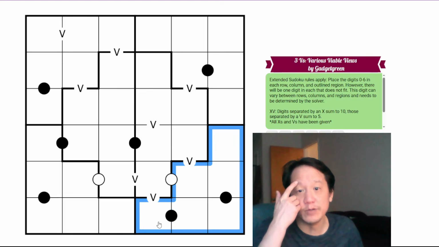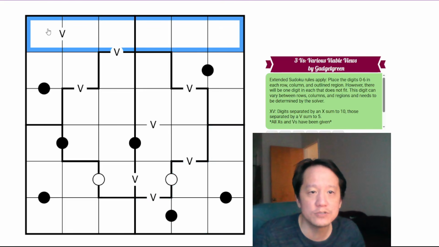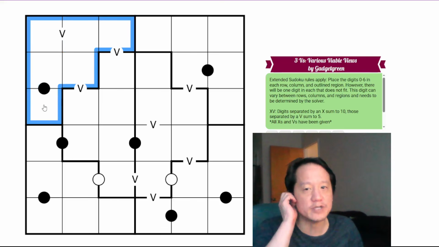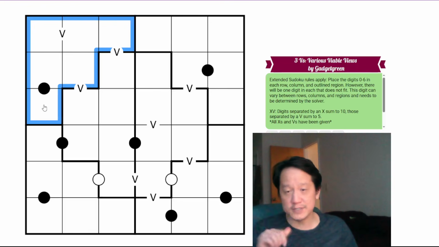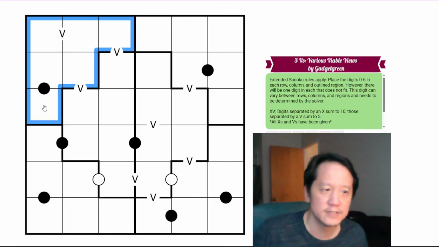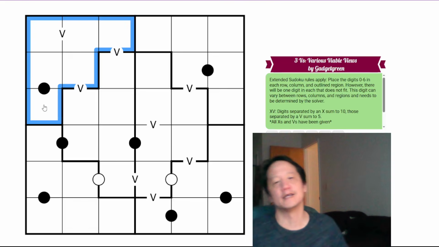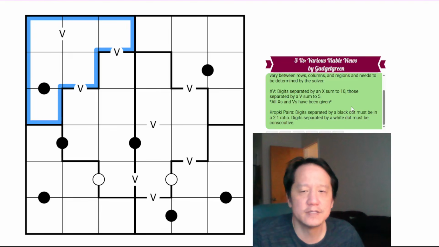However, there will be one digit in each that does not fit, and this digit can vary between rows, columns, and regions, and needs to be determined by the solver. So we have 7 digits available to put in 6 places in each row, column, and region. And it has to be from 0 through 6.